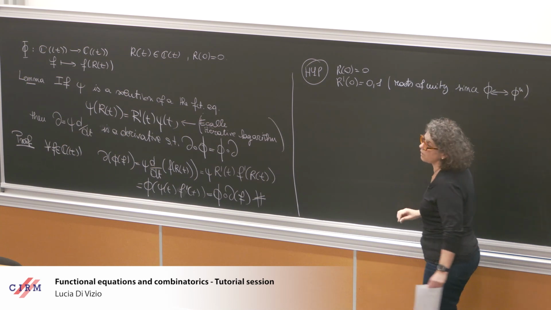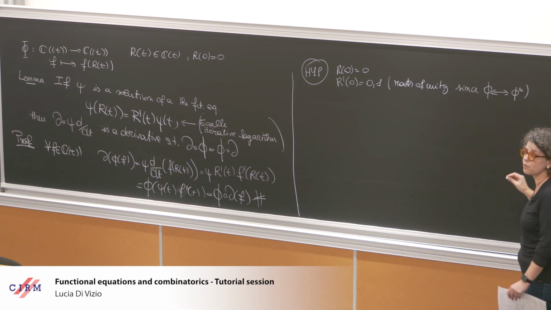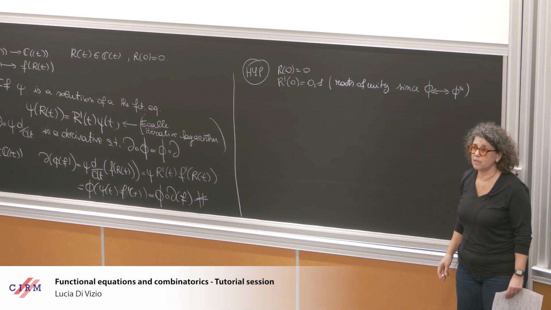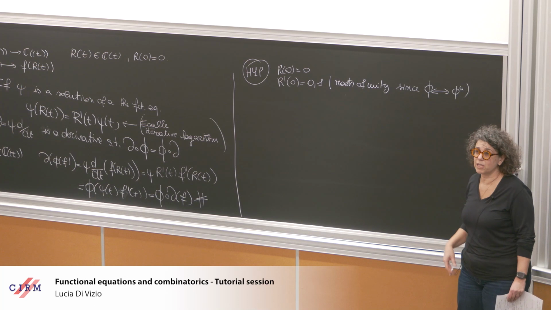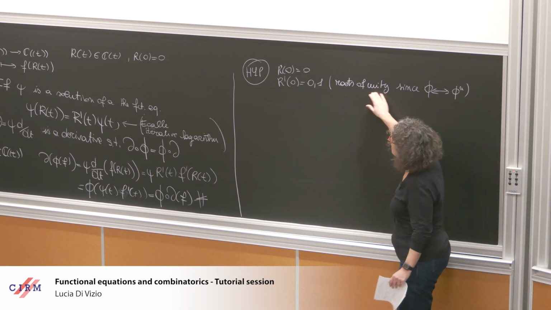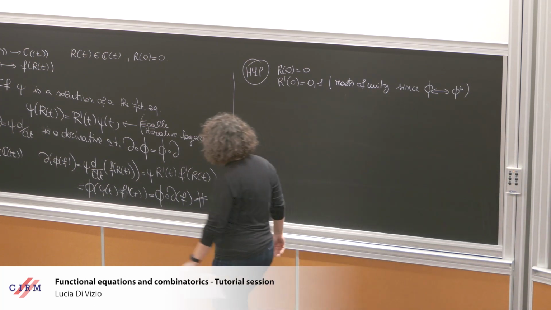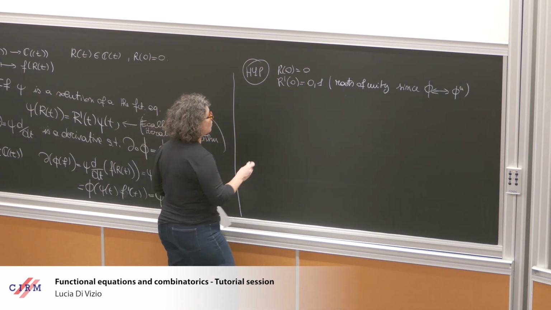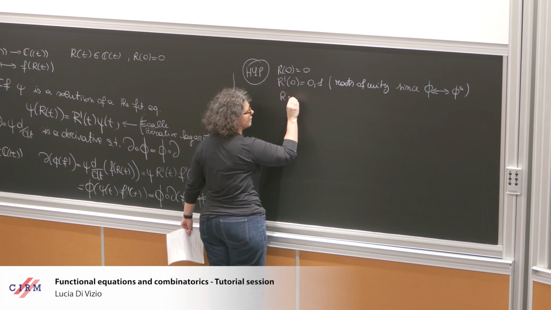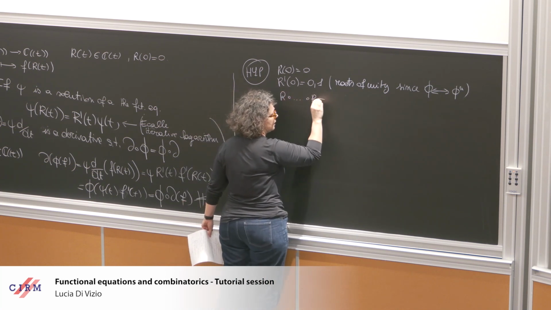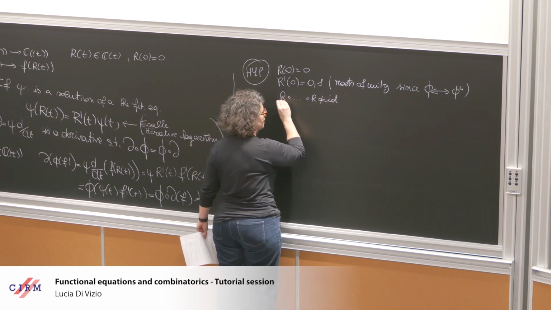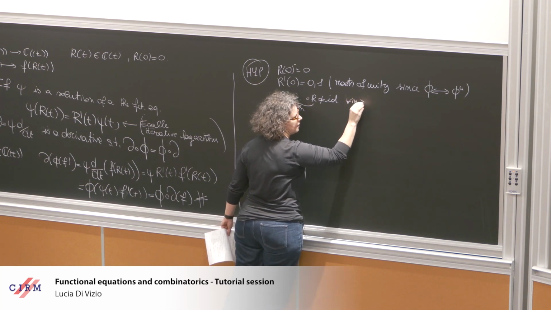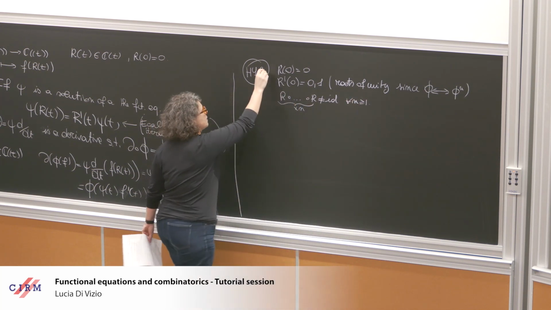So whenever the first coefficient is a root of unity, you can just replace phi by an iteration and suppose that it's 1. So this is a hidden hypothesis. I also suppose that r composed with itself n times is always different from the identity for any n.